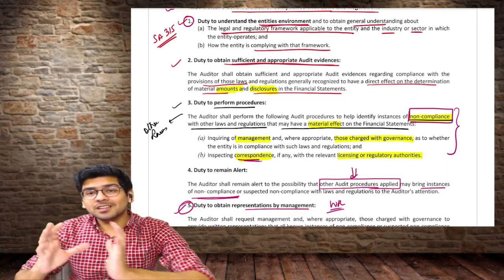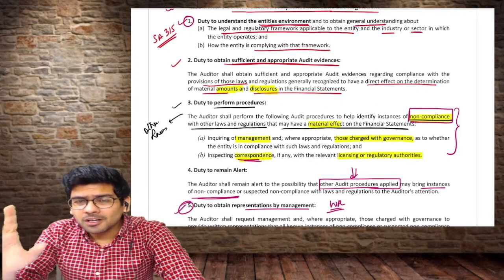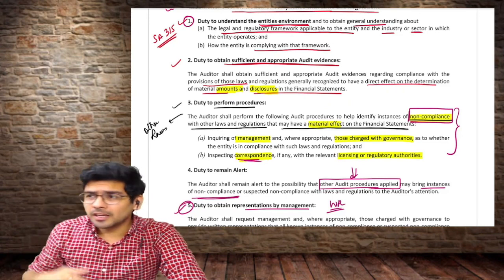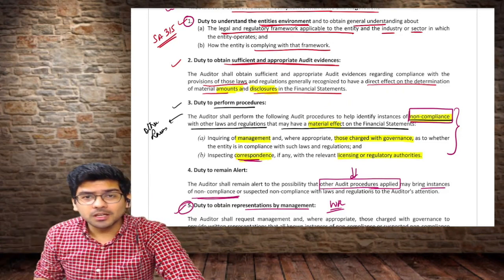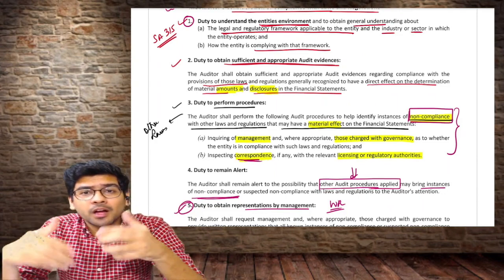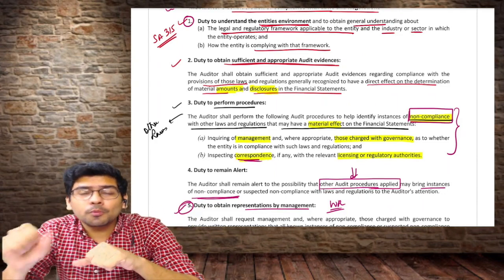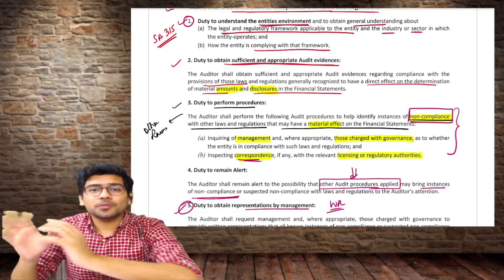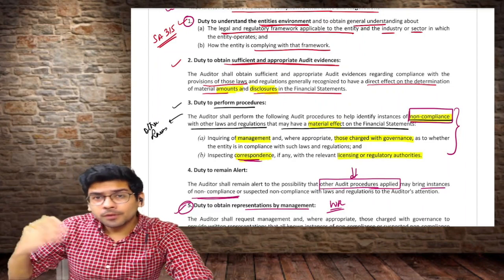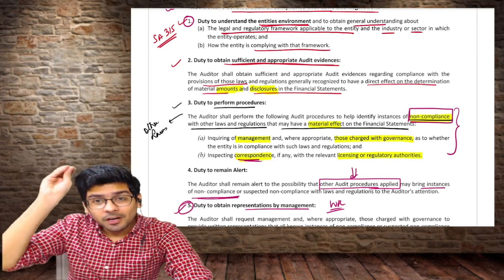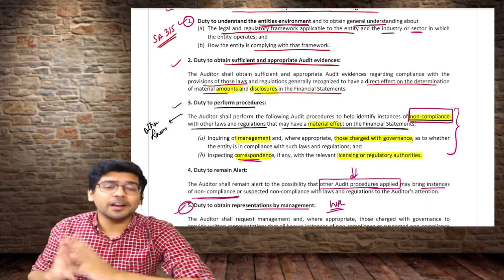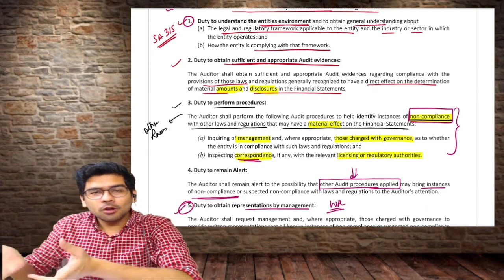Let's say the company did not comply with some licensing requirements and the license has been cancelled. They are not into production now. We have just started with the audit and I get to know about this. I'll request management that this is an important thing because you have violated the law, and let's say for the next 1 year you cannot reapply for the license, so obviously they'll not be able to operate.